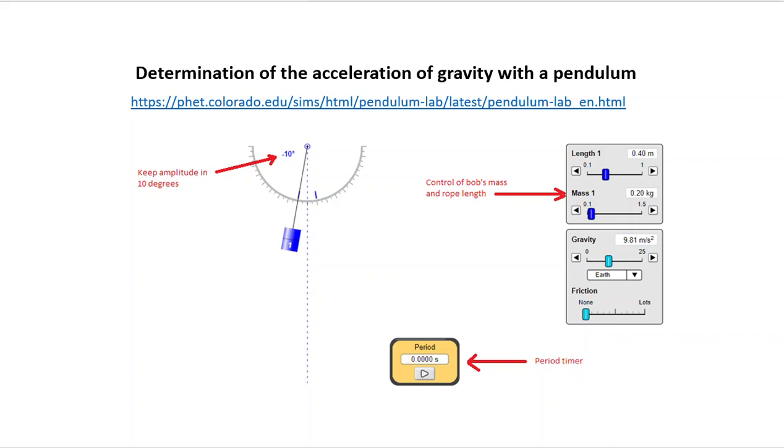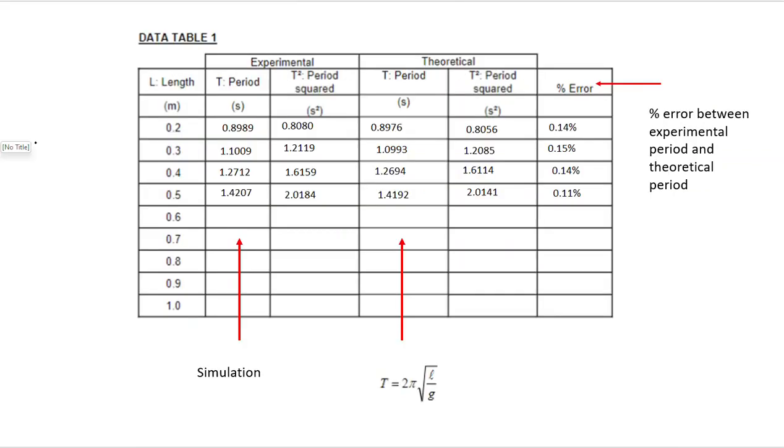You can see now in this other slide, I was collecting the experimental value of the period using the simulation. So these columns, second and third, are for different lengths of the string or rope, right?